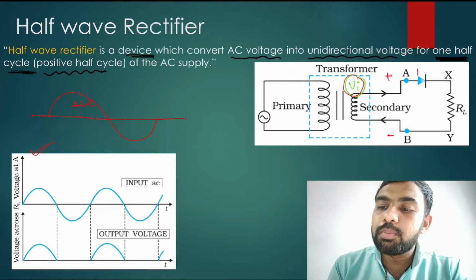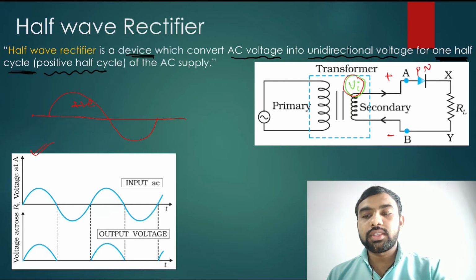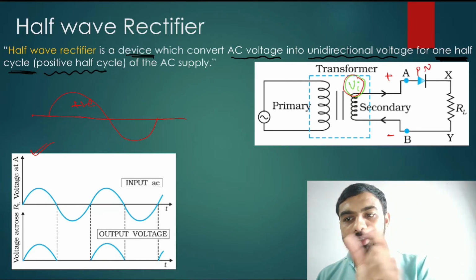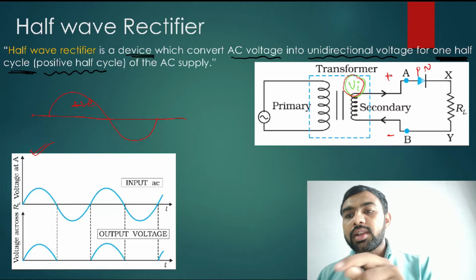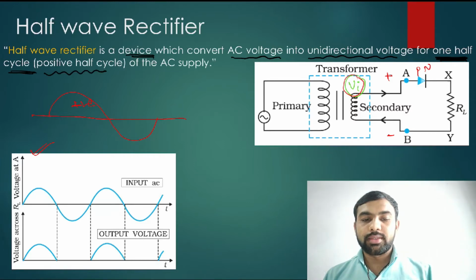If you consider this P and N, this is the symbolic form of a diode. So P connected to positive means it is in forward bias.